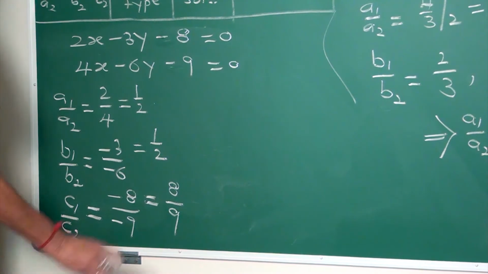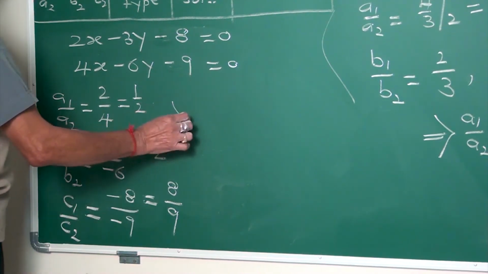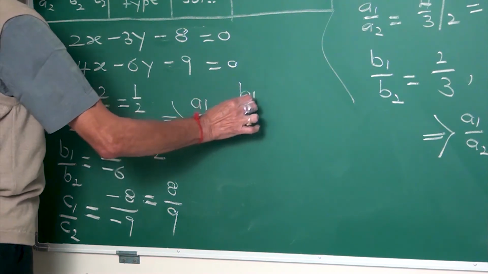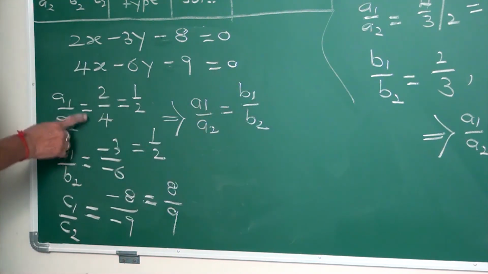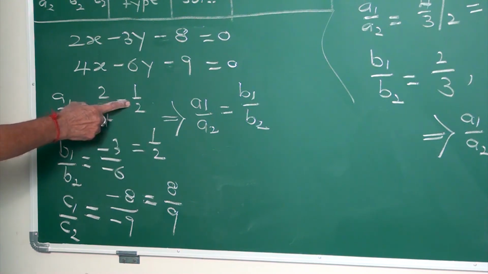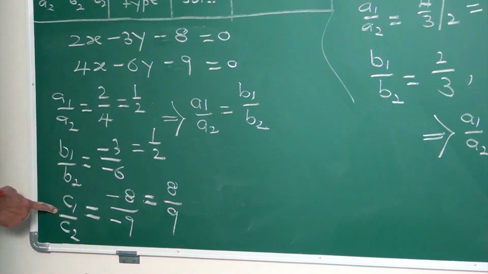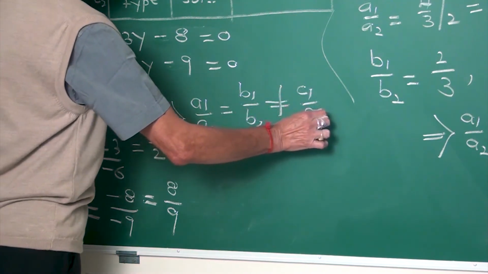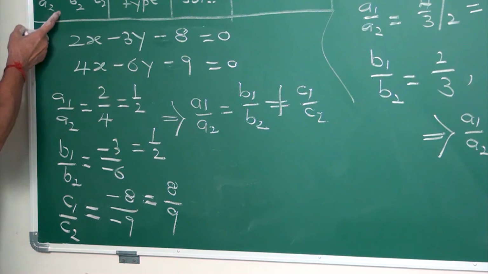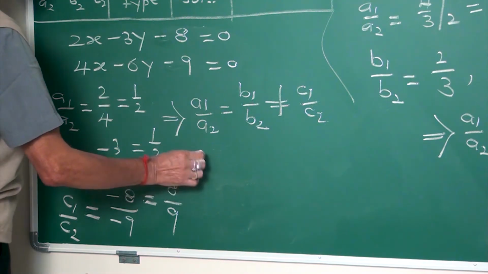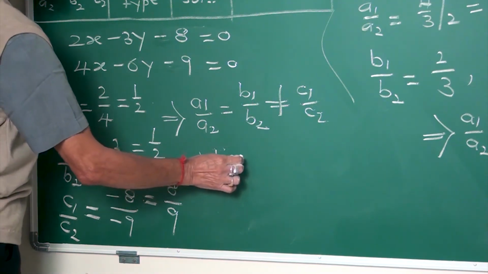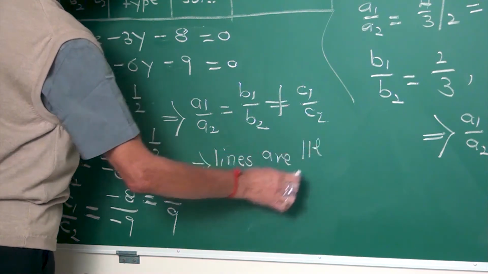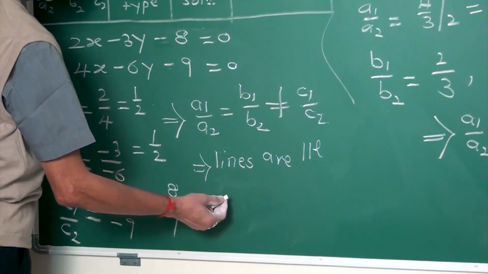This gives a1 upon a2 equal to b1 upon b2, these two are equal to 1 by 2, but not equal to c1 upon c2. By the third case, lines are parallel. Parallel, therefore, no solution.